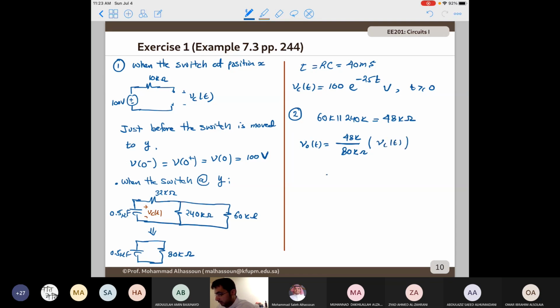And in this case, I'm going to end up with 60 e to the power minus 25t. The unit is volt. And remember, this is valid for t greater than or equal to 0 plus, because at the moment when the switch is at position Y, the voltage across it is 0 actually.